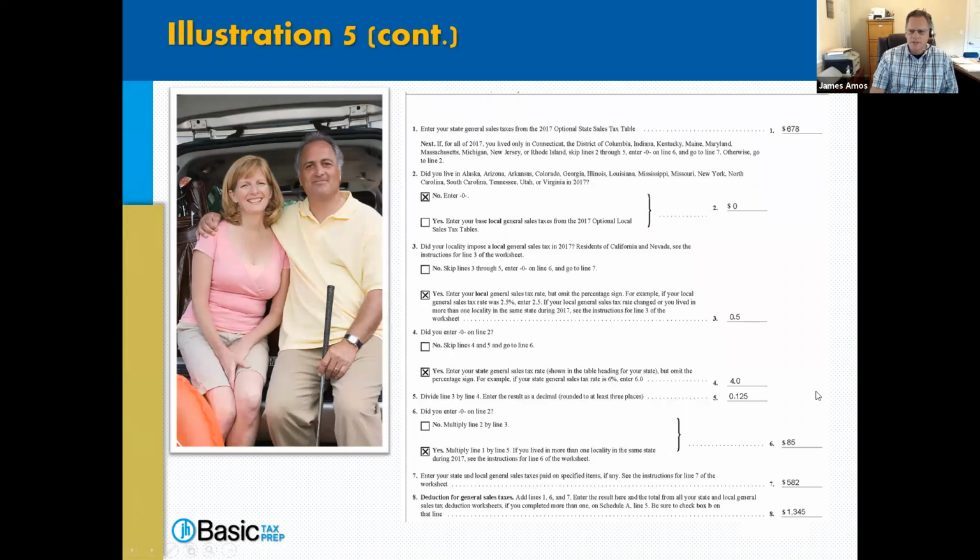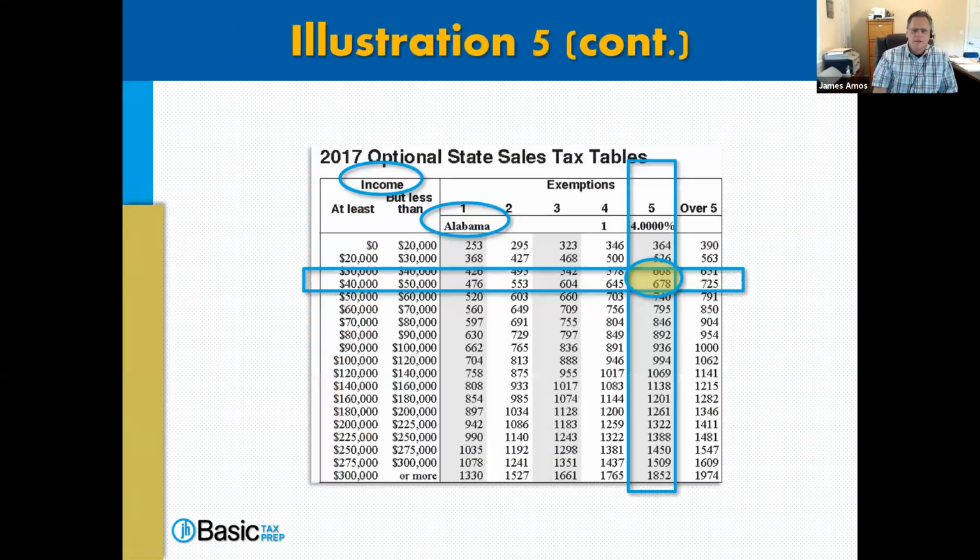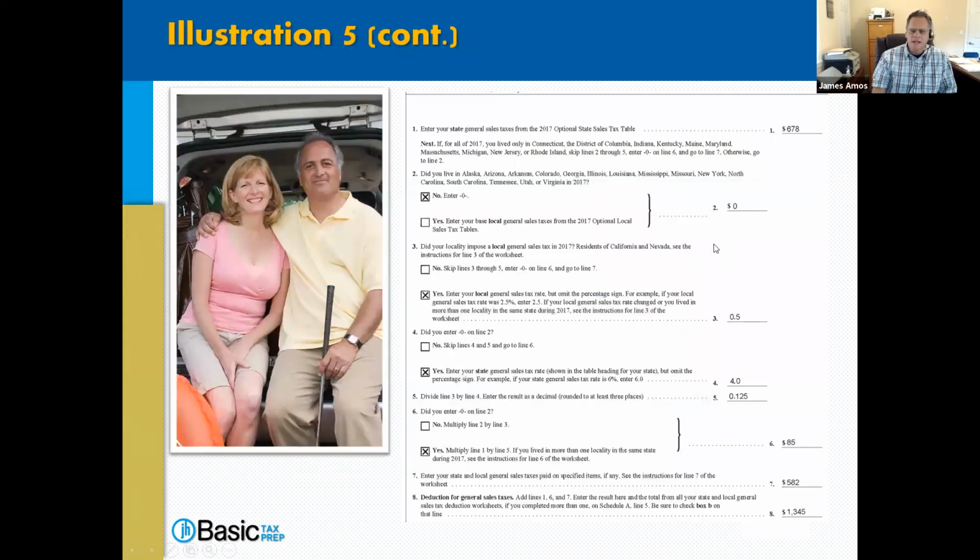By the time you do this calculation and this calculation, it all totals up to that amount in this example. The rest of it doesn't matter as long as you know what to calculate sales tax, you're going to have to go to the sales tax tables for that state, know the income amount and the exemption amount, and then you got to go to the table to really calculate how much they actually get. That's what you would do.